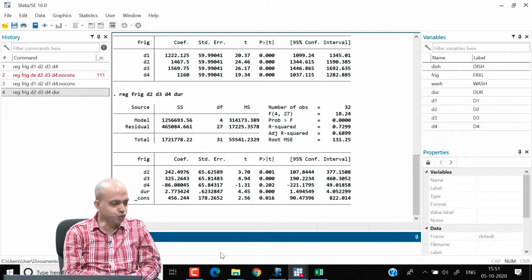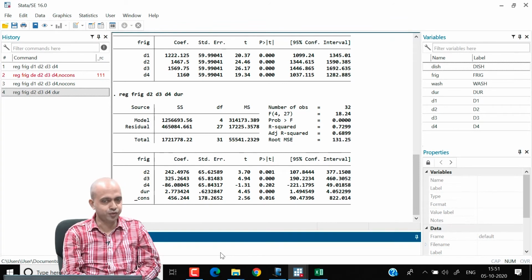But D2 and D3 are significant at 1% level. So we can say that sales in the second and third quarters are significantly different from the first quarter, but sales in the fourth quarter is not significantly different from the first quarter.